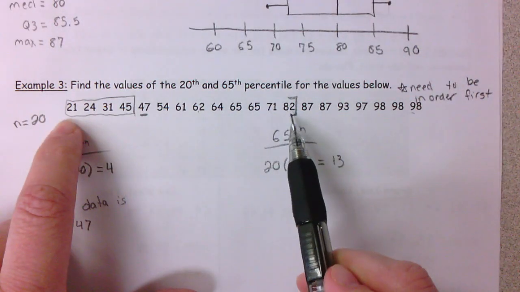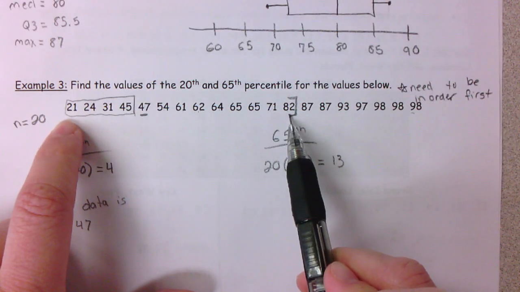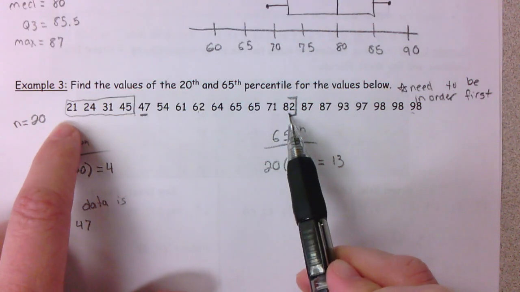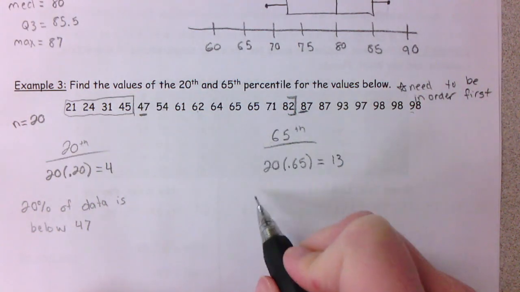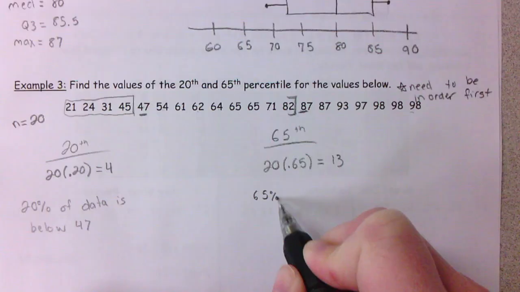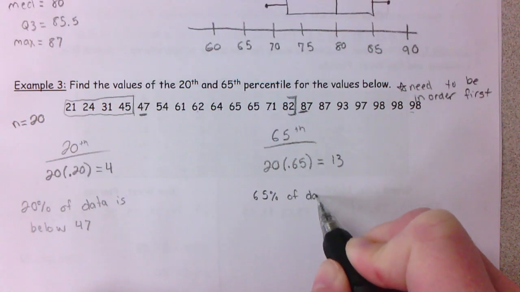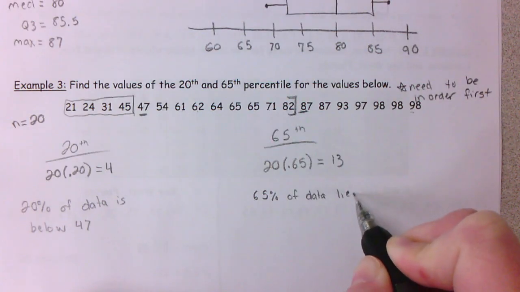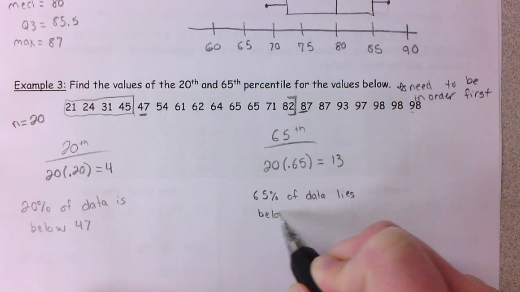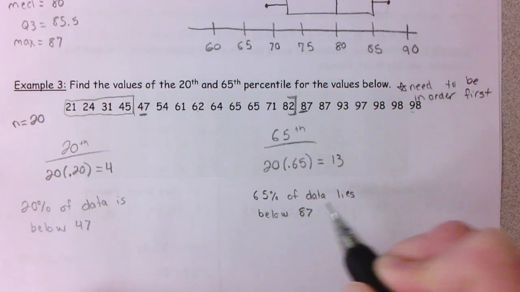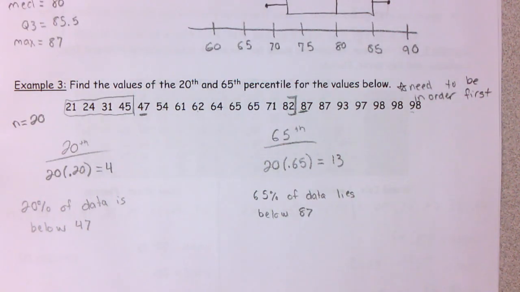So from 21 to 82, that's going to be 65% of the data. So we'll bump up to the next one and say 65% of data lies below 87. Okay? So that is how we would do those.